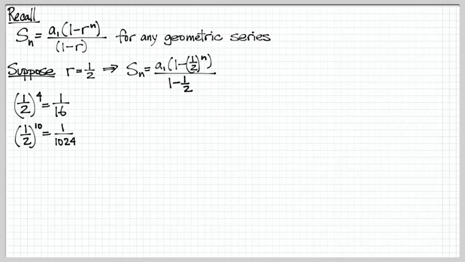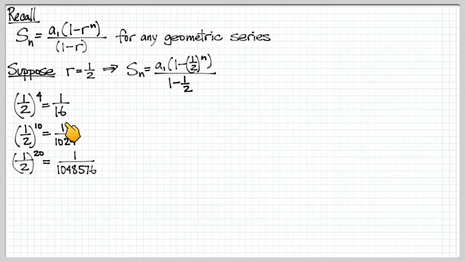But now if I'm adding 10 terms together, so S10, I will have 1/2 to the 10th power. Now this becomes 1 over 1024. Let's suppose I'm adding 20 terms together. S20, this will be 1/2 to the 20th power. Now I have 1 over 1 million practically.